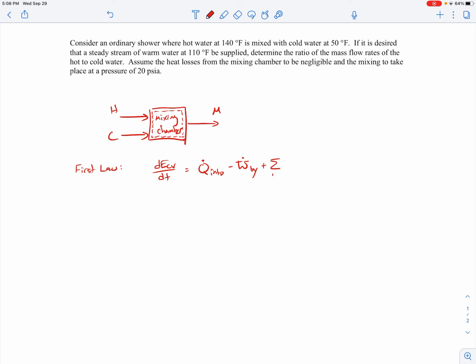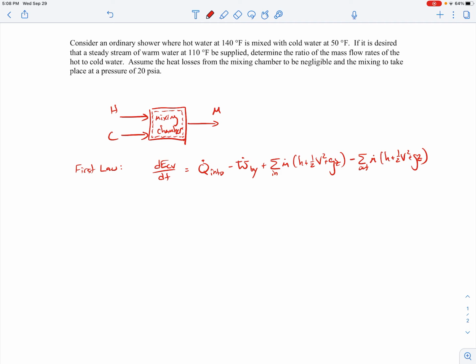It's just a lot to write down, so you have to be patient. Okay, so we now have our first law written down. Let's start to simplify it.